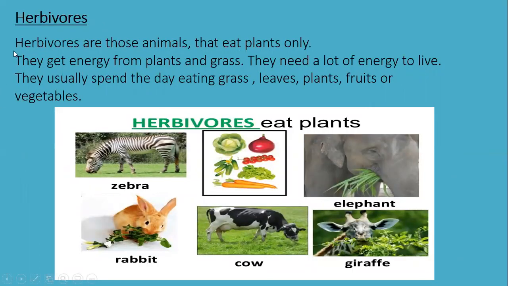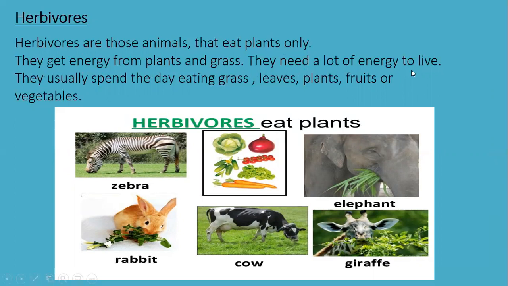As you know, herb means green leafy things. Herbs means the plants. Herbivores are those animals that eat plants only. Understand? They do not eat meat, meaning they do not eat other animals. They get energy from plants and grass.